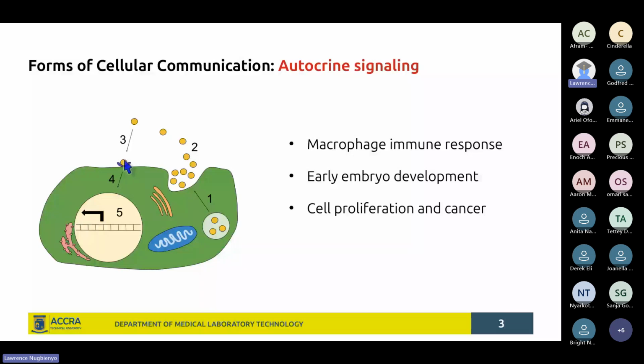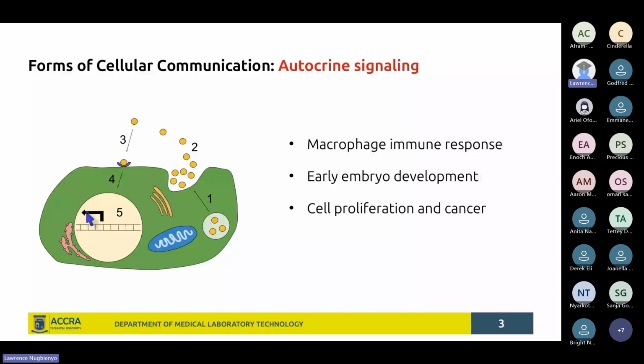And the response will be that there will be an activation of a gene in the nucleus, so that gene is transcribed and translated. So you have a protein that is either an enzyme, neurotransmitter, or maybe also another hormone that will carry out a specific biochemical response.